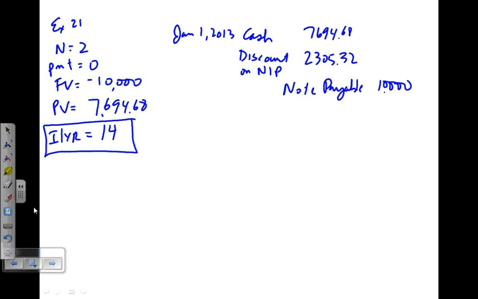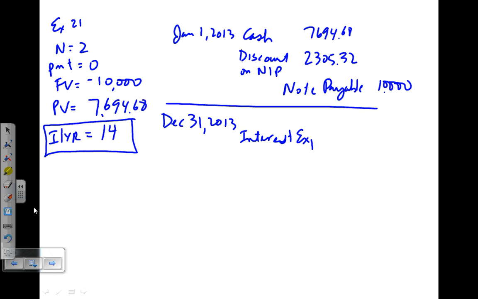When we do interest recognition on December 31st, we have to recognize interest, even though we're not going to pay out any cash. So we're going to debit interest expense. Remember, interest expense is always the effective rate times the carrying value, so 7,694.68 times the 14% gives me 1,077.26.